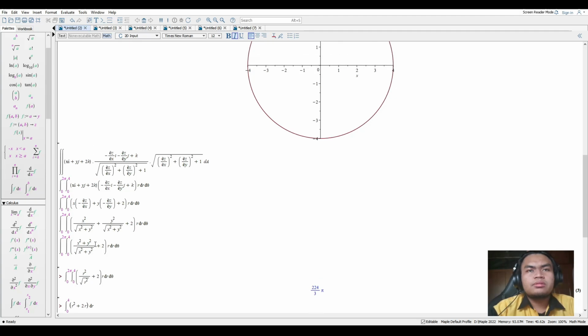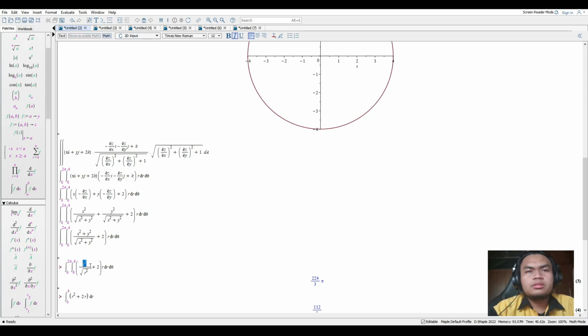Okay, from this equation we need to convert to R. So x power of 2 plus y power of 2 equals R power of 2. So you can see here we get the simplified equation.